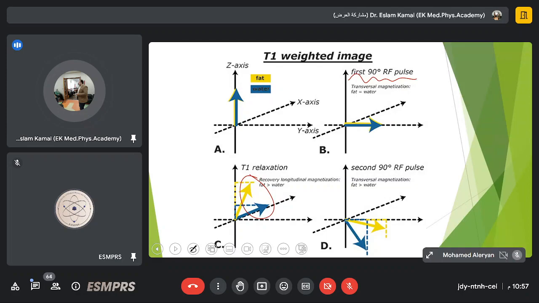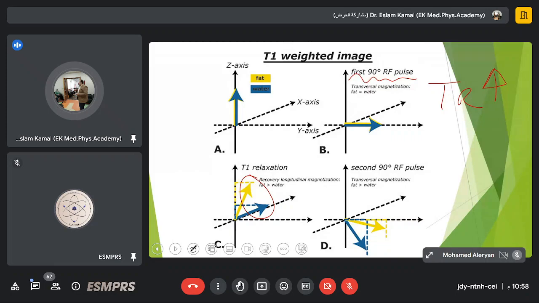So if you apply an RF pulse and wait a long time, that means TR is long. At that time, you will not get any difference between the longitudinal magnetization of fat and water because both of them have already totally recovered. So TR is a parameter which highly affects the T1 weighted sequence.